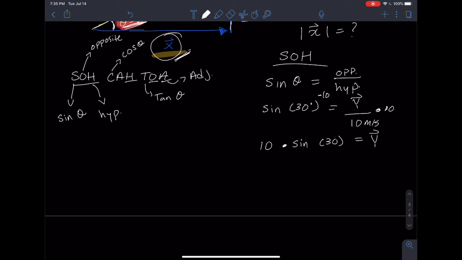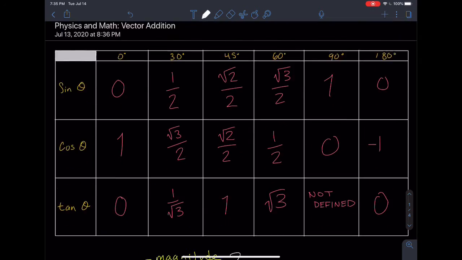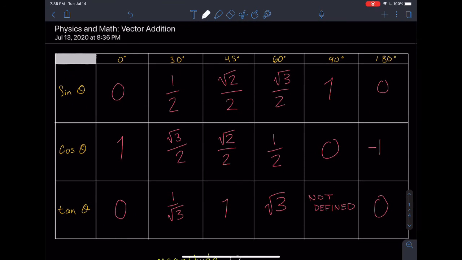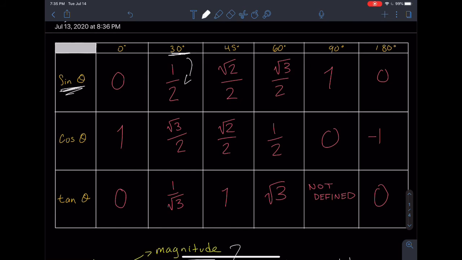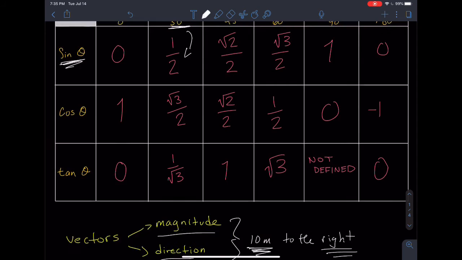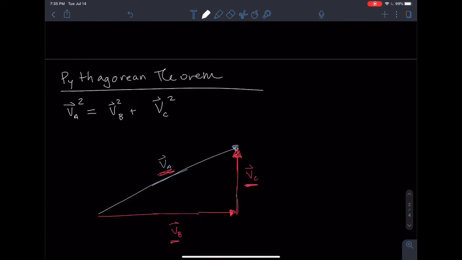Now, if you watched my last video, you would know sine of 30. In our last video, we covered this table and how we can make it. So here's sine of 30, which is equal to 1 over 2. It's pretty much that easy. Once you know how to make this table, it gets much, much easier. So let's go back down.